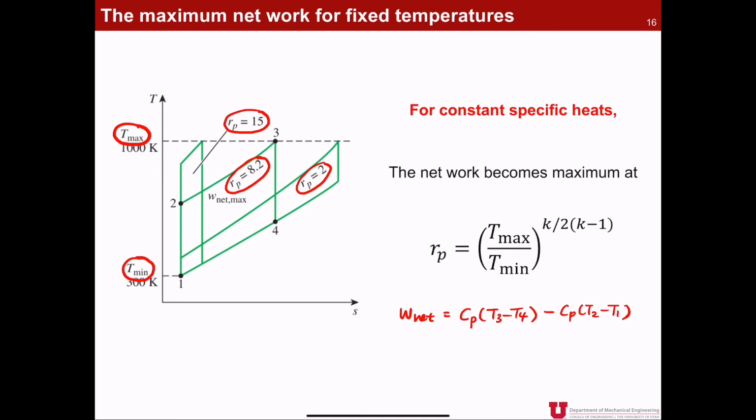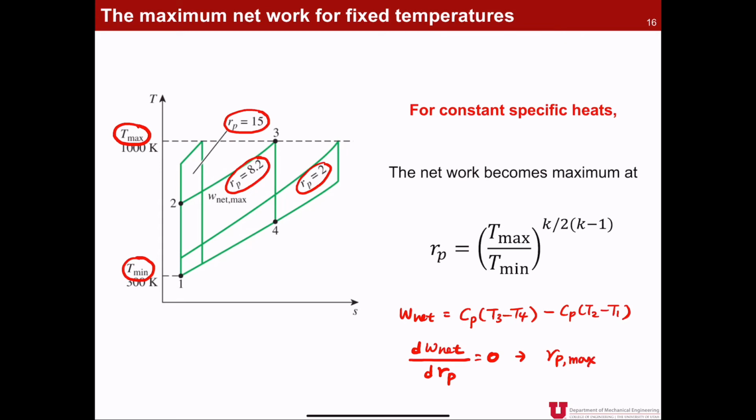Then in order to make the net amount of work maximum, we have to satisfy that the derivative of the net amount of work with respect to Rp should be 0. So from this relation we can get the Rp that makes your net work maximum.